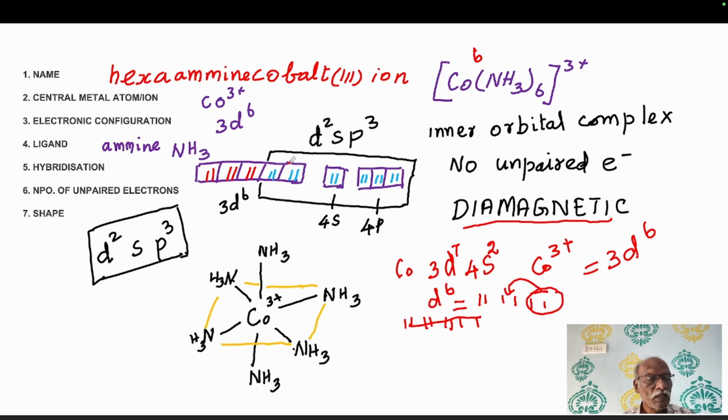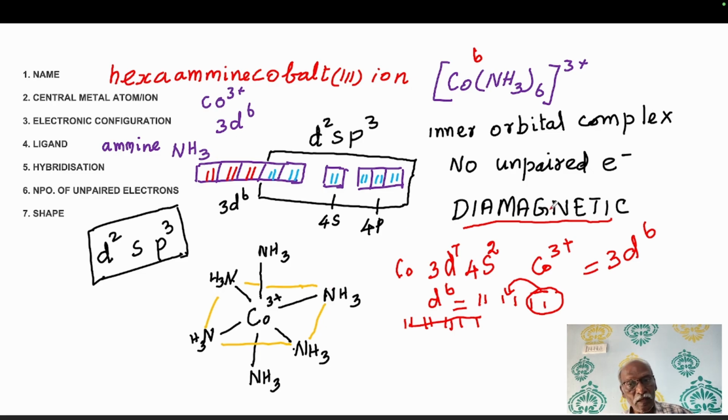So those 2 orbitals, along with the next 1 s orbital and 3 p orbitals together, make d2sp3 hybridization. This d2sp3 hybridization results in the octahedral shape orientation. 6 ammonia molecules are occupying the 6 corners of the octahedron and giving rise to octahedral shape.